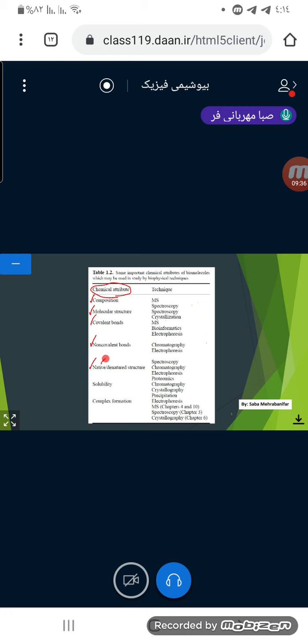Native structure means natural structure. When we have a natural structure, we say it is native. Do you understand what is the meaning of native? Natural.